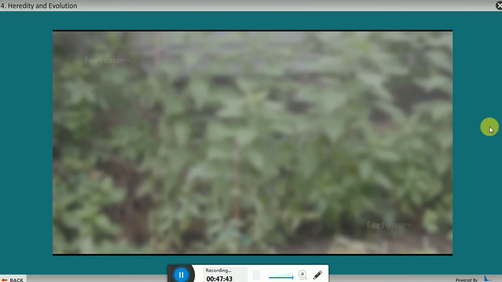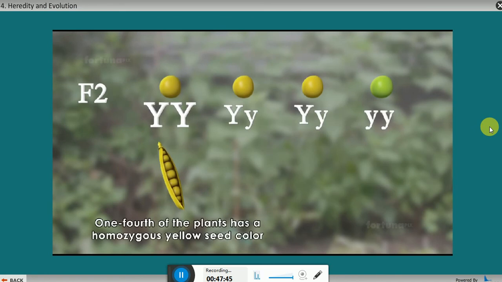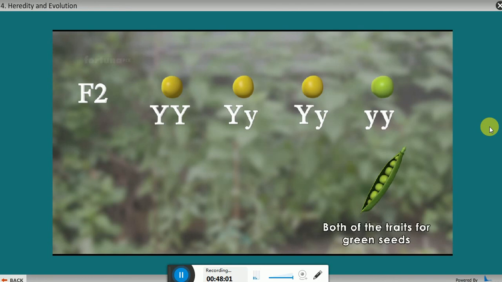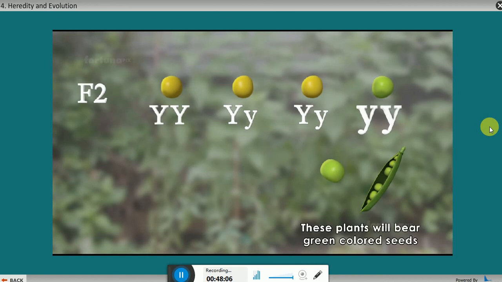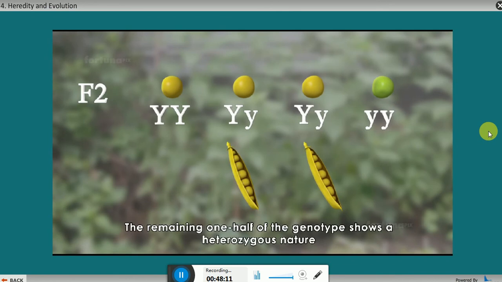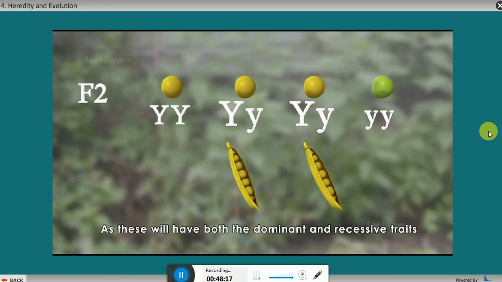In the F2 generation, 1/4 of the plants has a homozygous yellow seed color and will produce yellow seeds. 1/4 of the genotypes show a homozygous recessive nature, that is, both of the traits for green seeds. These plants will bear green-colored seeds. The remaining 1/2 of the genotype shows a heterozygous nature, as these will have both the dominant and recessive traits.